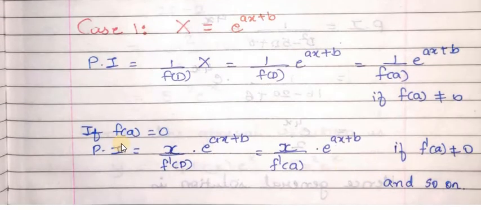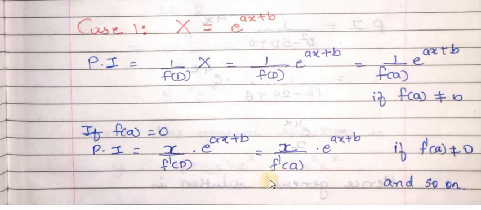Now if f(a) = 0, then in that case PI will be: you have to differentiate f(D) with respect to D, so it becomes f'(D). Then you have to multiply by x, and write e raised to ax + b as it is, and then replace D by a.